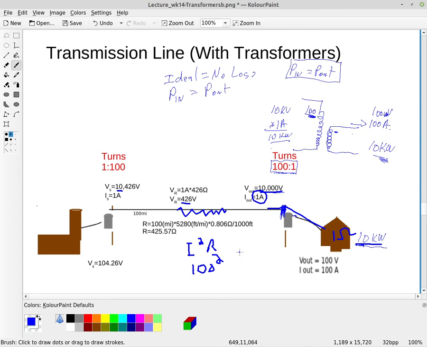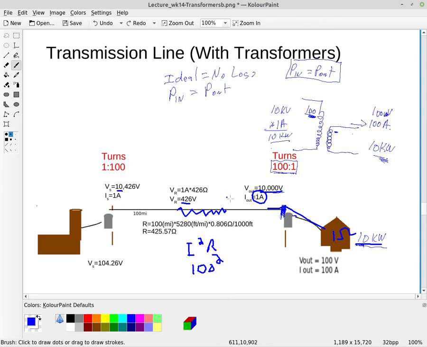So I've reduced my power loss by a factor of 10,000 by using a 100 to 1 turns ratio and stepping up my voltage from 100 volts to 10,000 volts.